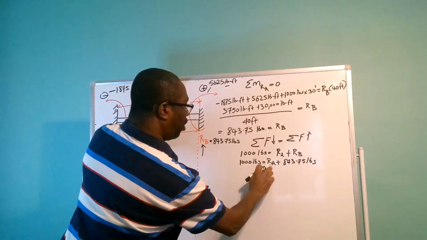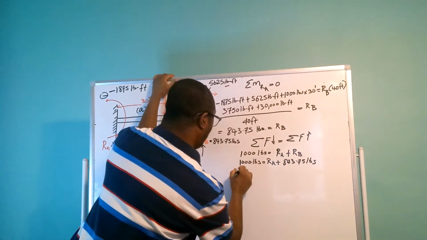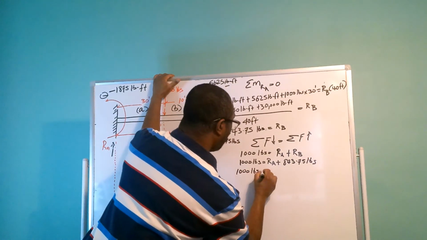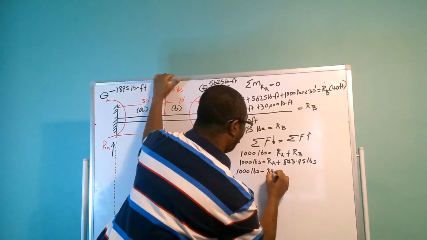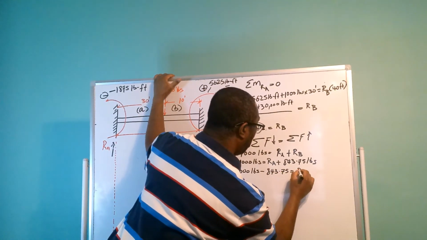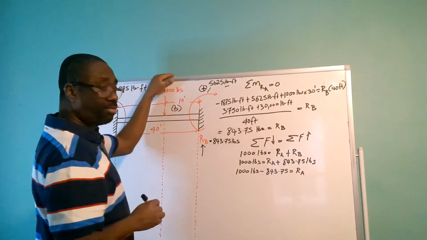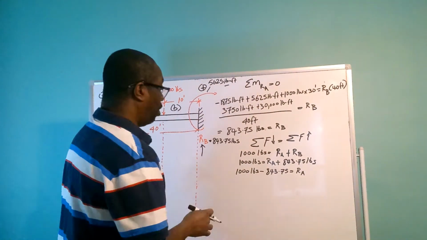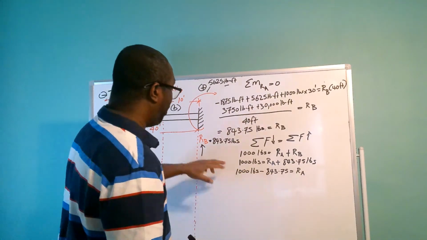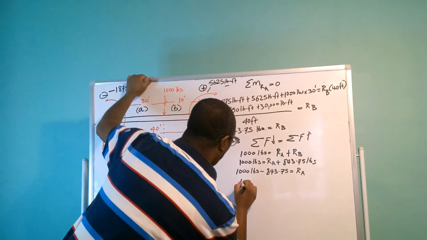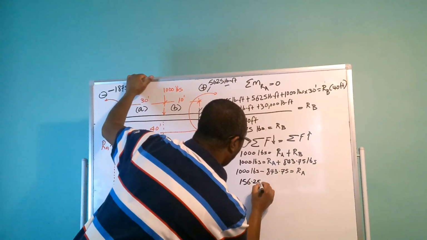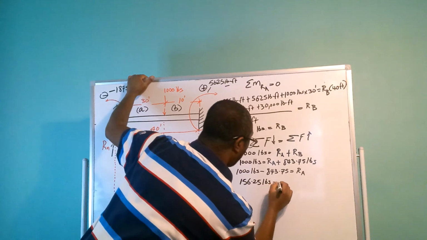So we're going to solve for RA now. RA is going to be 1,000 pounds minus 843.75 equal to RA. See that? So 843.75 from 1,000 is going to be 156.25 pounds equal to RA.